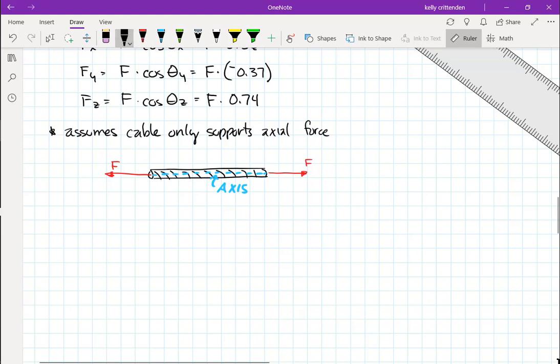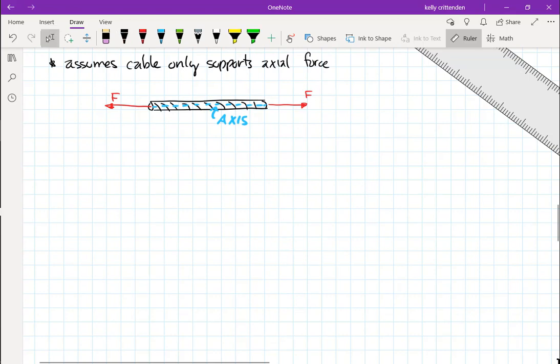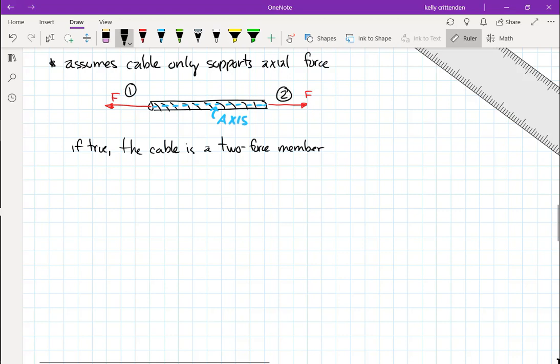So if this is true, this particular thing is an important concept. If the cable only supports axial force, then the cable has a special name. The cable is a two-force member. One force, two force. And that means a couple of things.